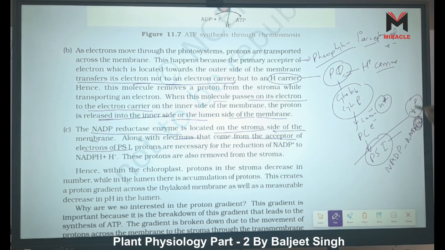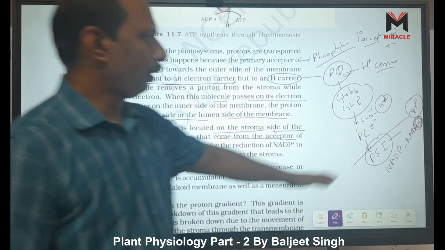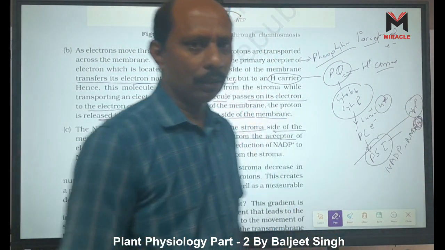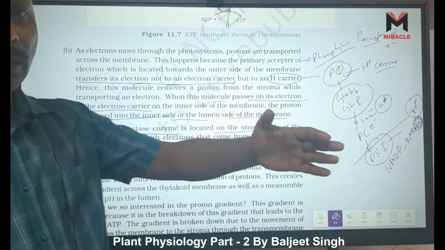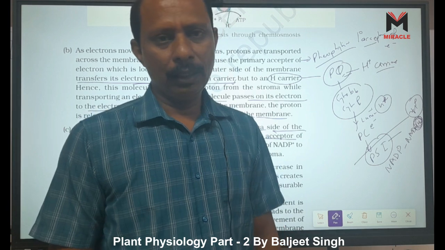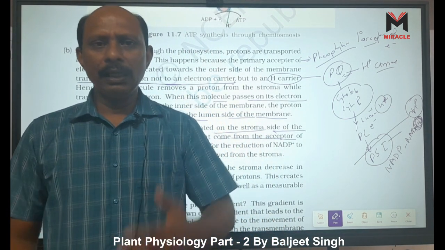This 2H plus is also taken from the stroma, that means 2H plus is subtracted from the stroma, right? That happens in the stroma, so the number of hydrogen ions decreases. In the lumen, the number of hydrogen ions continuously increases. Then what happens?